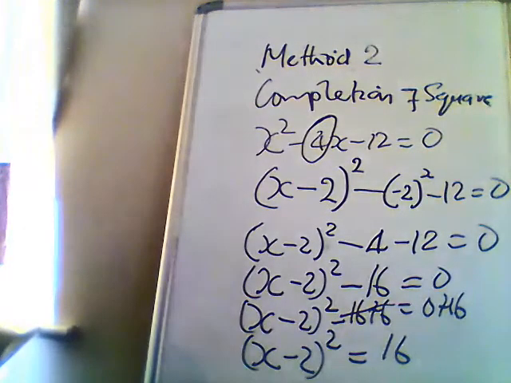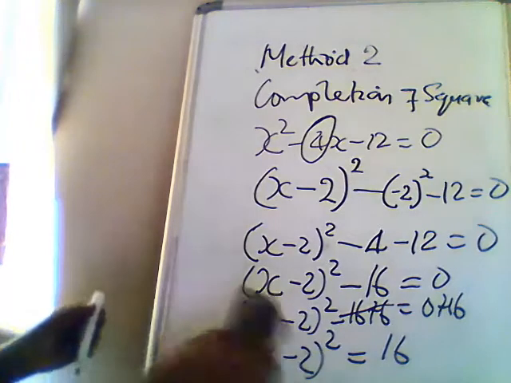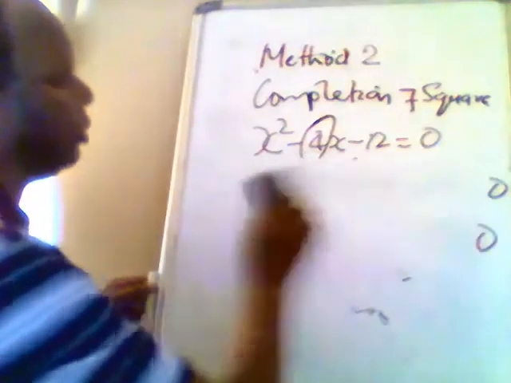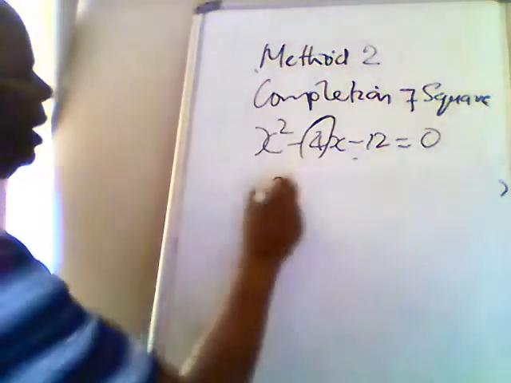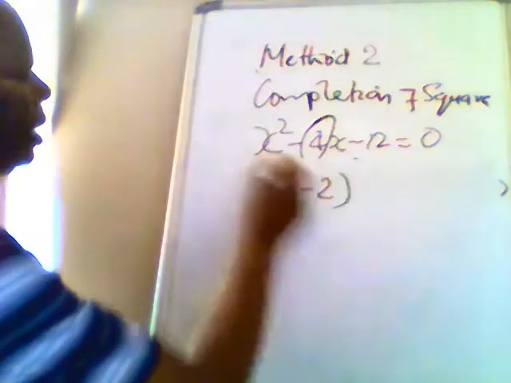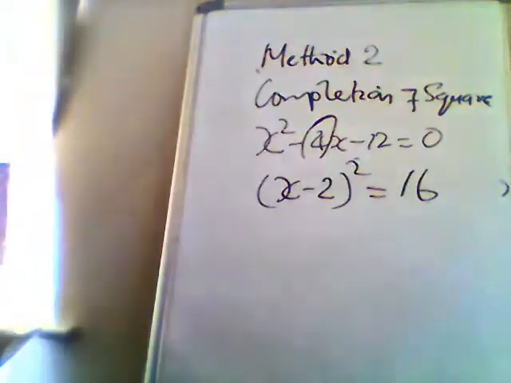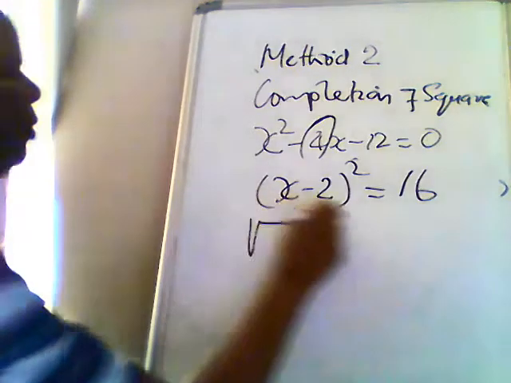Okay. The next thing I need to do, you can see that if I continue there, the video will not be shown. So I'll go up. Okay, so what I have there is x minus 2 squared equals 16. So that's where we are. What I need to do is take the square root of both sides.